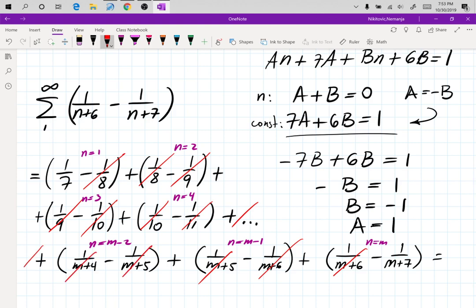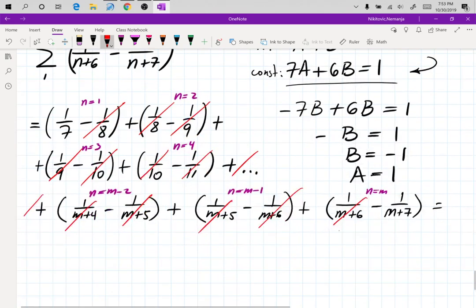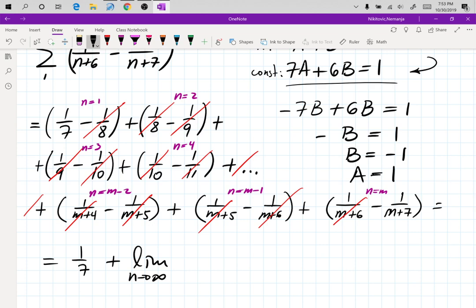This one will cancel in there. And what I'm left with is 1 over 7 plus the limit as m goes to infinity of negative 1 over m plus 7, which is 1 over 7 plus 0.